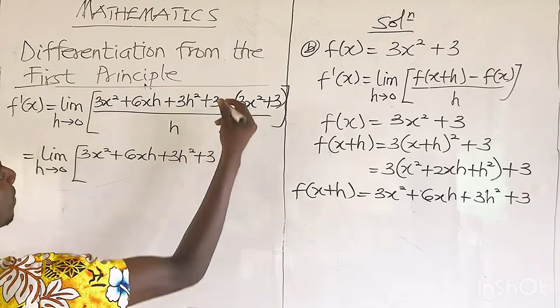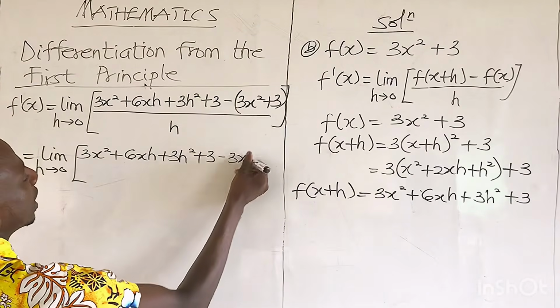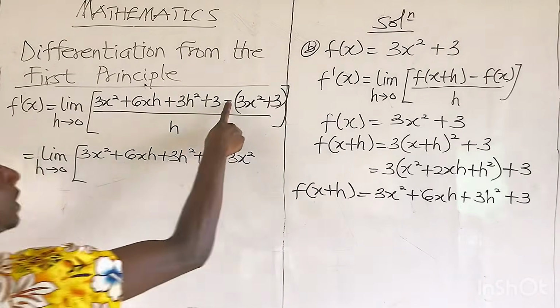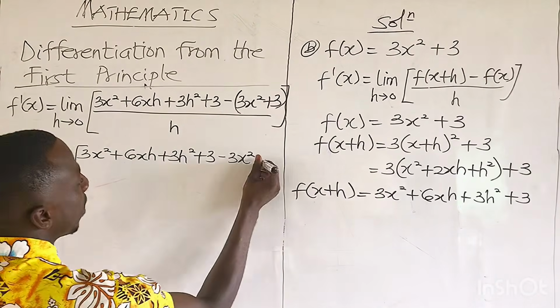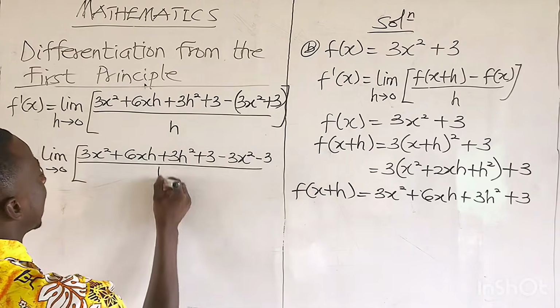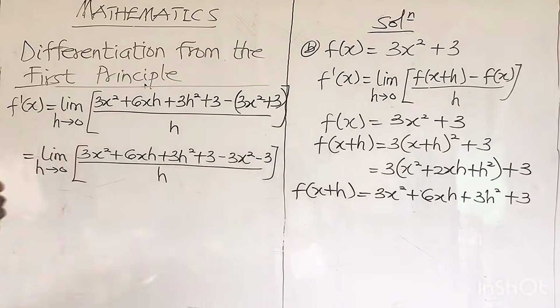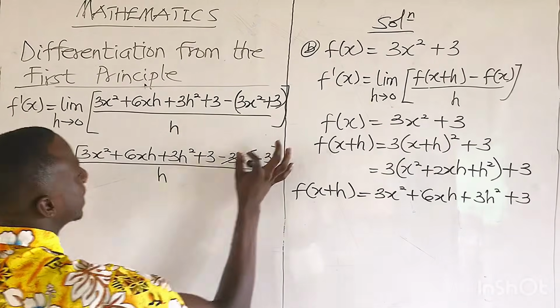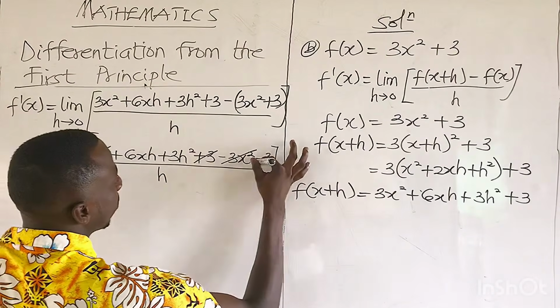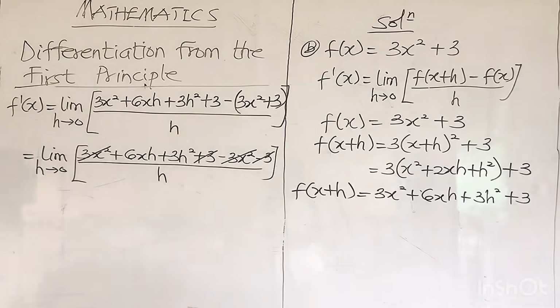The negative affecting the 3x squared, we have negative 3x squared. The negative also affecting the 3, we have minus 3 all over h. Then we will close the bracket again. Minus 3x squared can take off the positive 3x squared. Then positive 3 can also take off the minus 3.